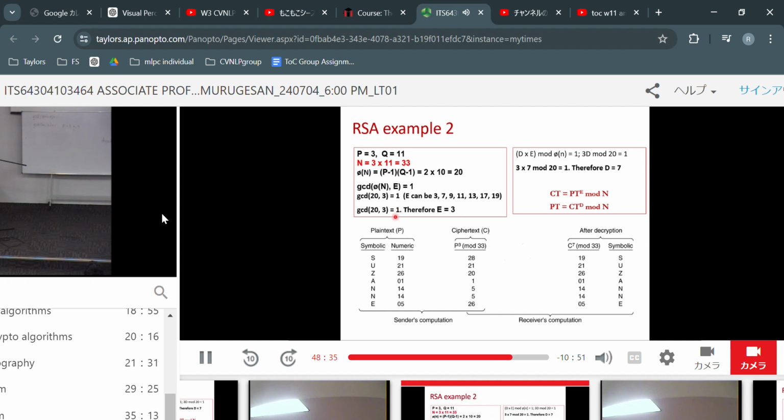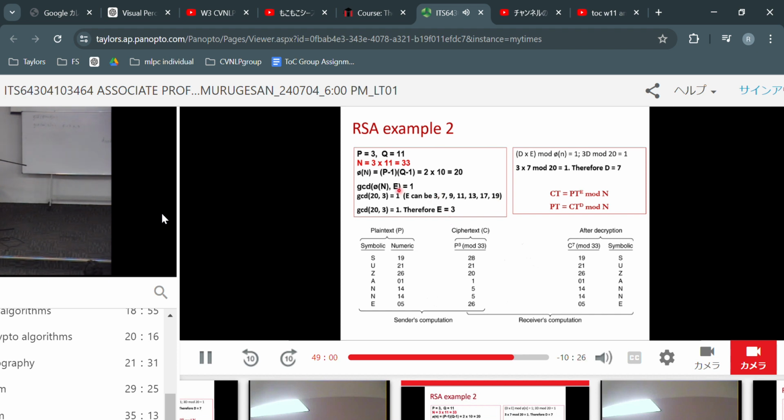What I do is take the smallest value that satisfies this condition. You may ask why I'm taking the smallest value. Again, I'm using hand calculation, so it is easy for me. Why it is easy for me, you will come to understand shortly. So E can be 3, 7, 9, 11, 13, 17, 19. I'm taking E as 3 here. E can take any of these values.